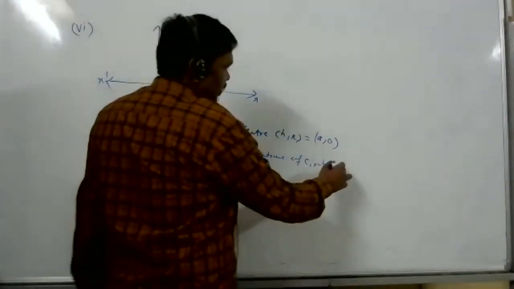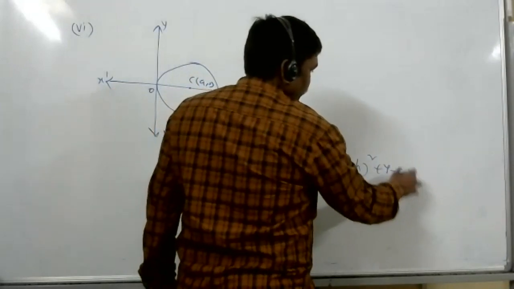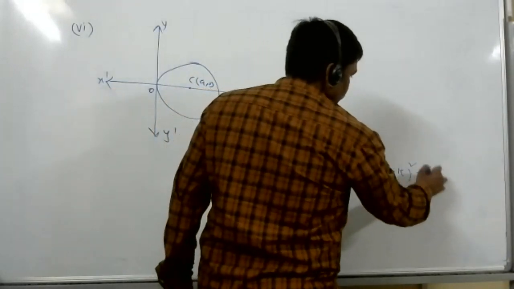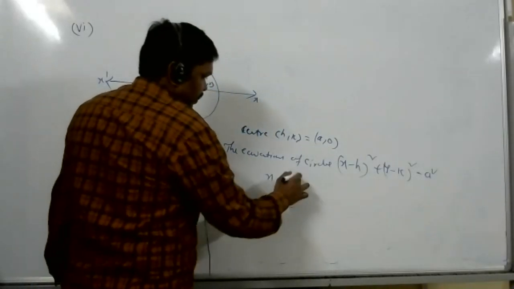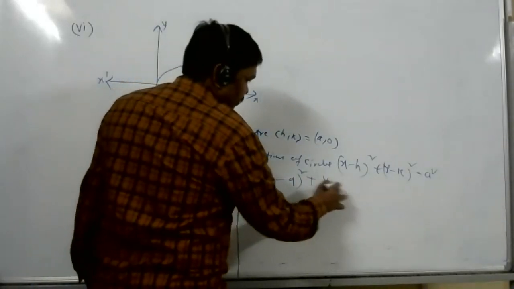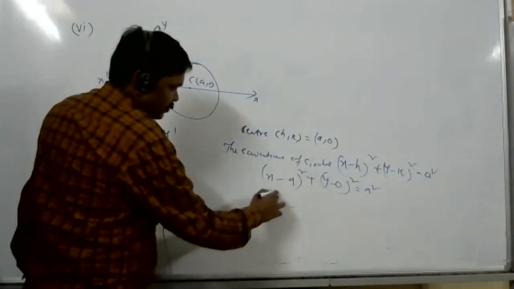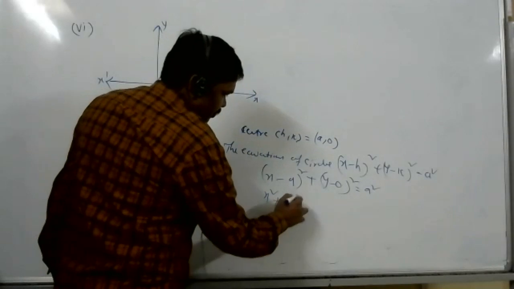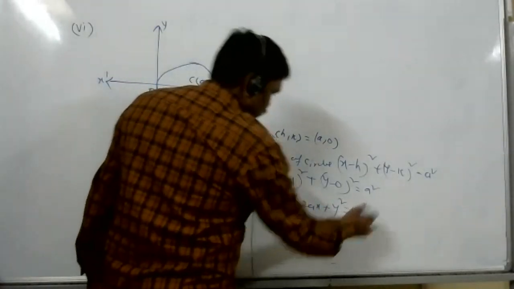The equation of the circle: (x minus h) whole square plus (y minus k) whole square is equal to a square. (x minus a) whole square plus (y minus 0) whole square is equal to a square. x square plus a square minus 2ax plus y square is equal to a square.